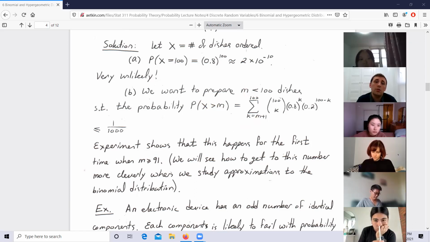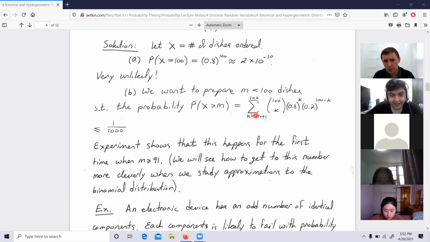So we want to know the probability that the demand, X, is higher than m. By the binomial theorem, it will be a summation where k is m plus 1 to 100, of 100 choose k, 0.8 to the power of k, times 0.2 to the power of 100 minus k. And we want this summation to be less than 1 over 1,000.